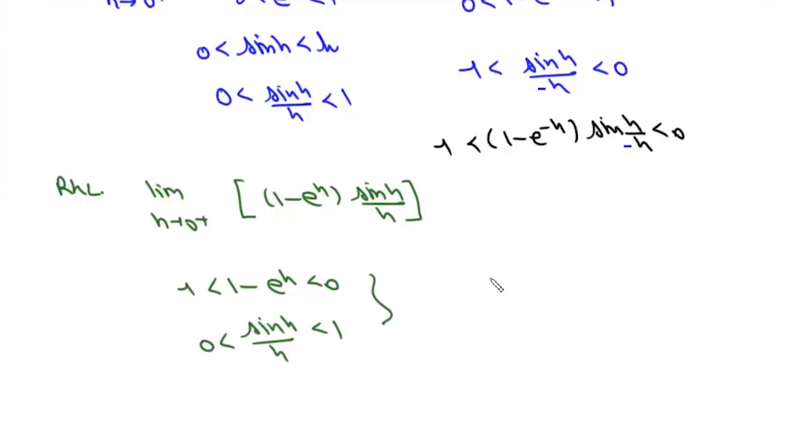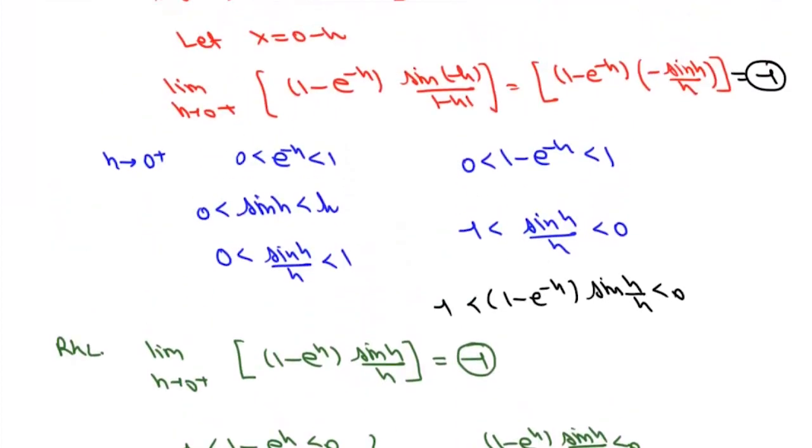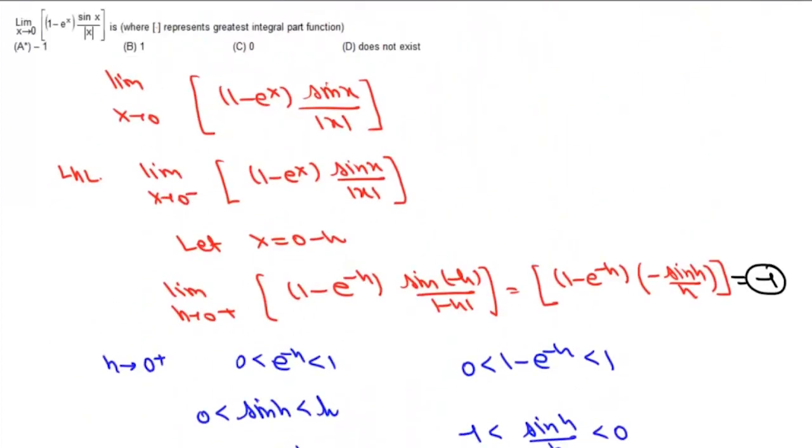Now again this product, 1 minus e to the power h into sin h upon h, will lie between minus 1 and 0. So the value of this greatest integer function again is minus 1. Now since left hand limit is minus 1 and right hand limit is minus 1, the value of this limit is minus 1, and that's your option A.